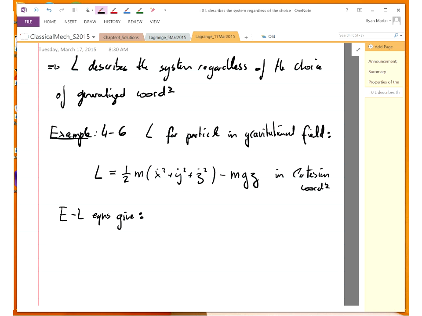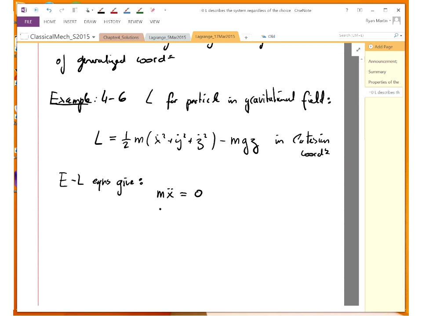So you have ∂L/∂x dot, only the first term has an x dot in it, so that's m x dot, and you do a d/dt of that, that's m x double dot, and so you find m x double dot equals 0. There's no terms with x in there. With y, similarly, you'll find that m y double dot is equal to 0, and you'll find that z double dot is equal to minus g.